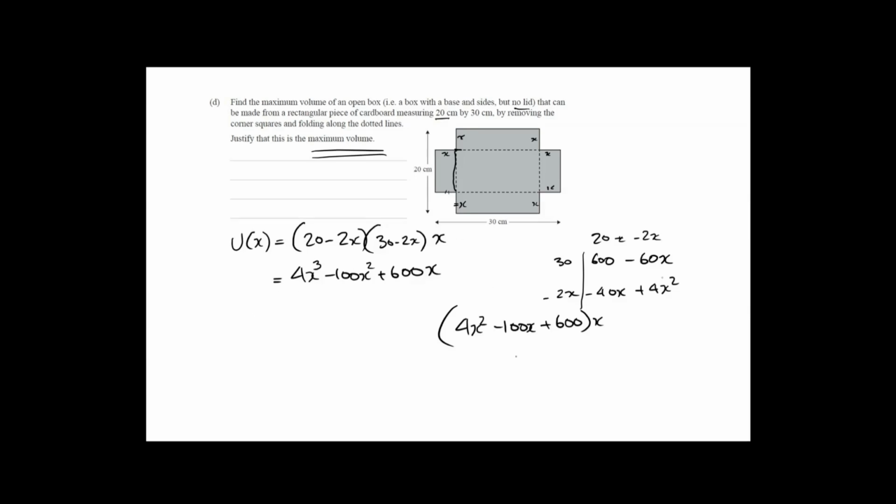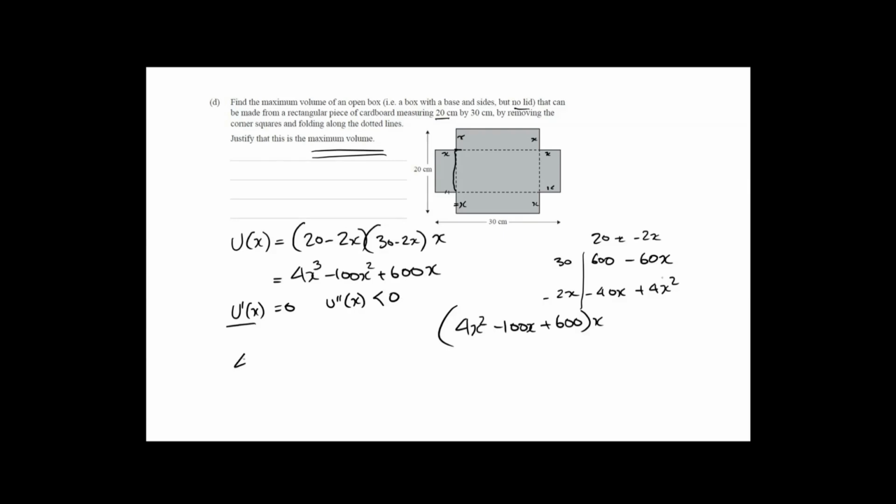So for a maxima, it tells us that V'(x), not velocity, equals 0, and V''(x), if it's a maxima, must be less than 0. Okay, so let's differentiate this and set it equal to 0.